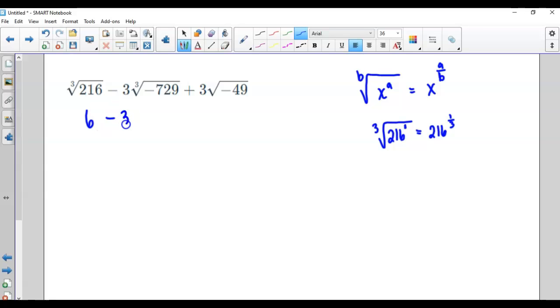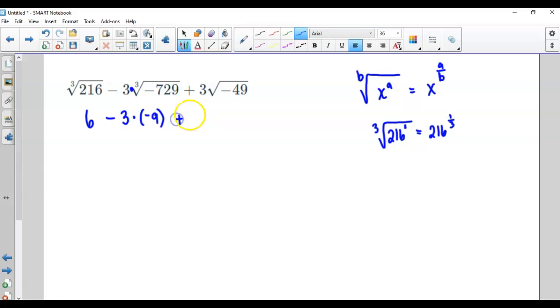We'll have minus 3 times, because there's multiplication here. We have to do the cube root of negative 729. And so if we take negative 729 and we raise it to the 1/3 power, or if you want to do the cube root, you can, we're going to get negative 9. Remember, this is a cube root, so we're going to have negative 9. We're not going to have an i for this one.